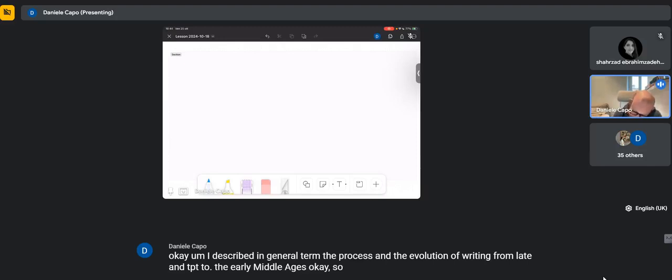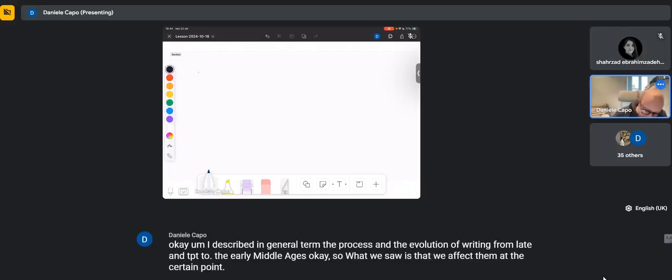Okay, so what we saw is that at a certain point in the Roman Empire we see the use of capital letters. Then we see the minuscule.